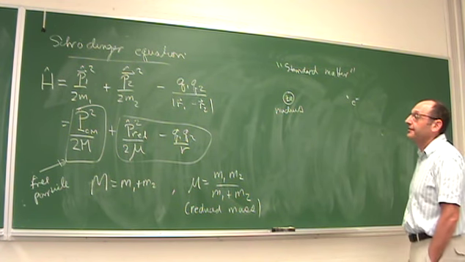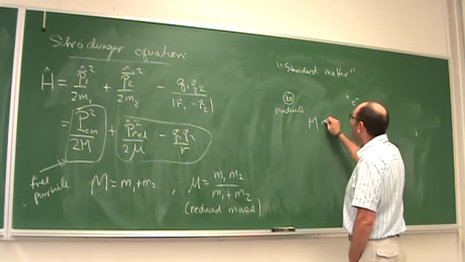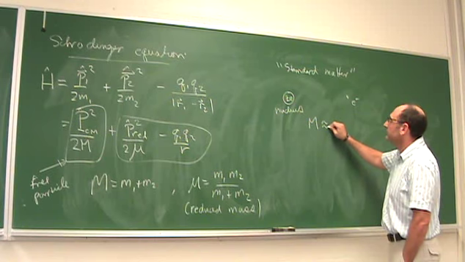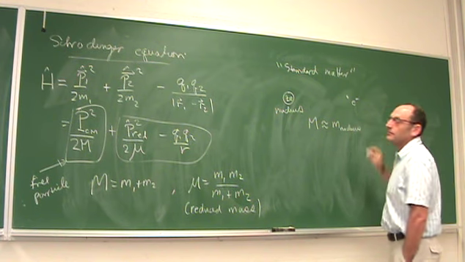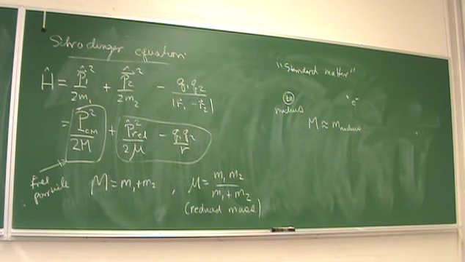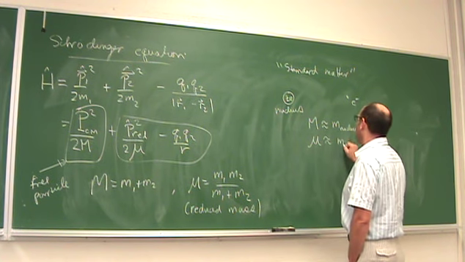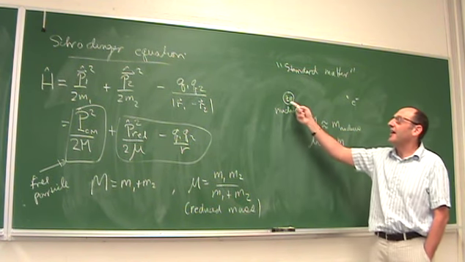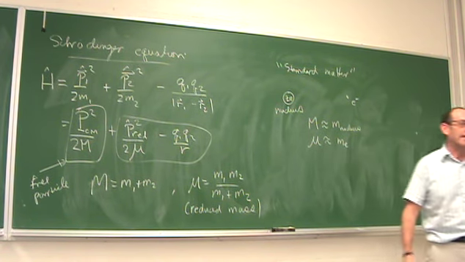So in this case, the total mass of the atom is almost entirely the mass of the nucleus, whatever the number of nucleons in the nucleus. And the reduced mass is approximately, even in hydrogen, where you have 2,000 times the mass of the proton versus the electron, almost the mass of the electron.